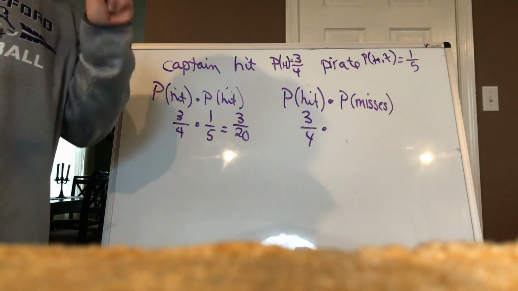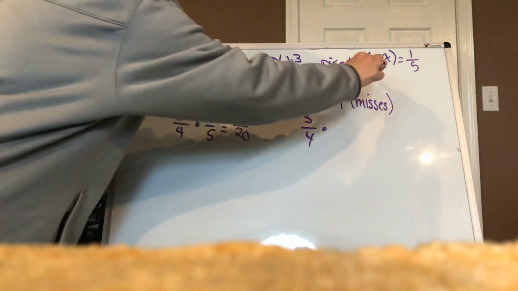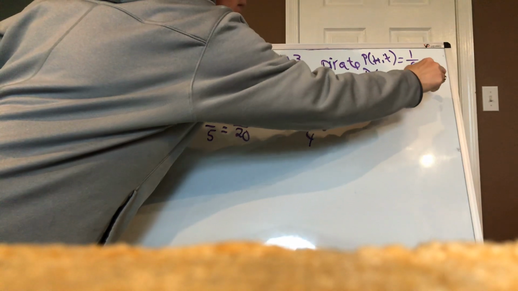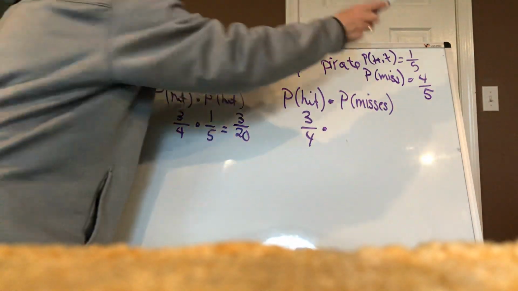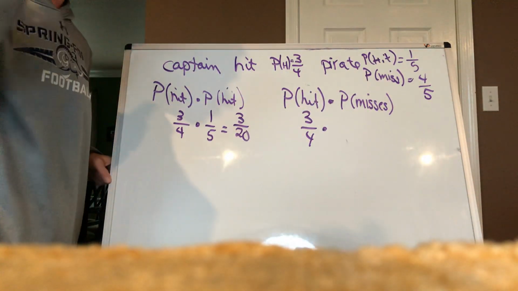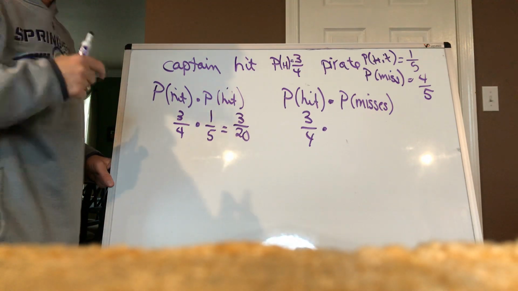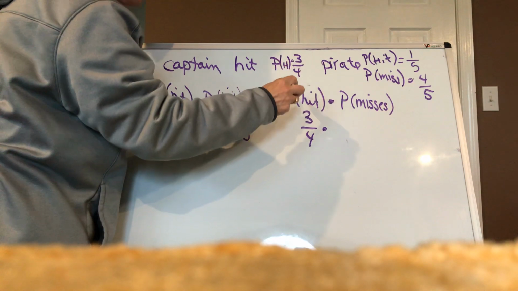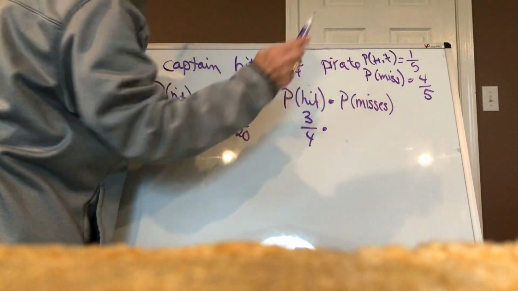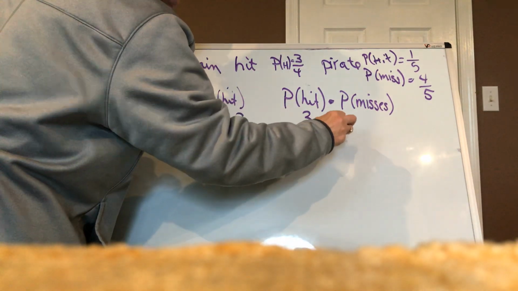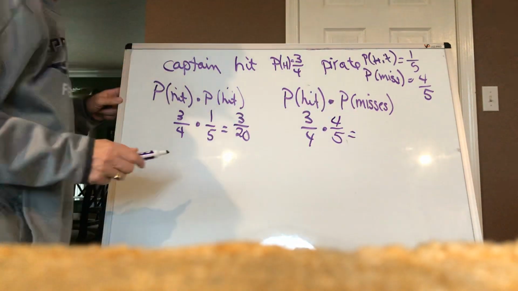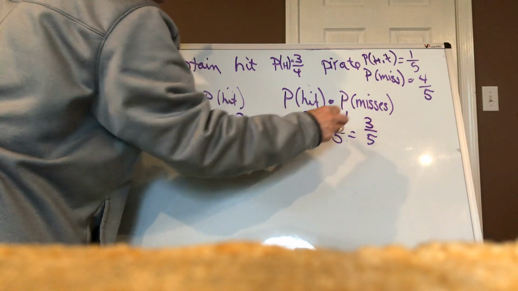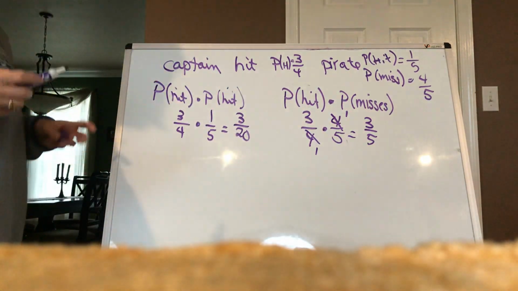If they're hitting 1 out of 5, isn't the probability of a miss going to be 4 out of 5? So you either hit or miss. If you're hitting 1 out of 5, that means you're missing 4 out of 5. So if I'm doing probability that the captain hits and the pirate misses, it would be 3/4 times 4/5, which ends up being 3/5 because I can reduce. 4 goes into 4 once, into 4 once.